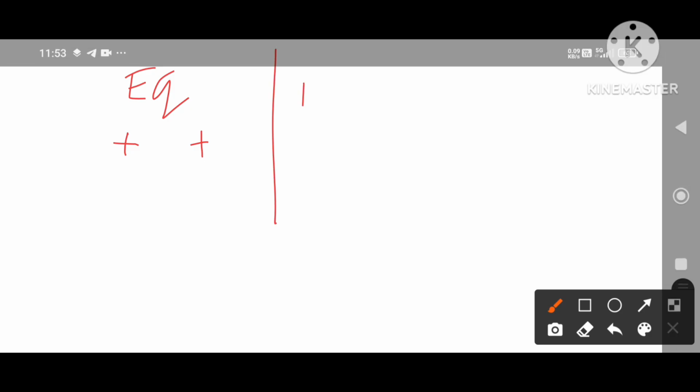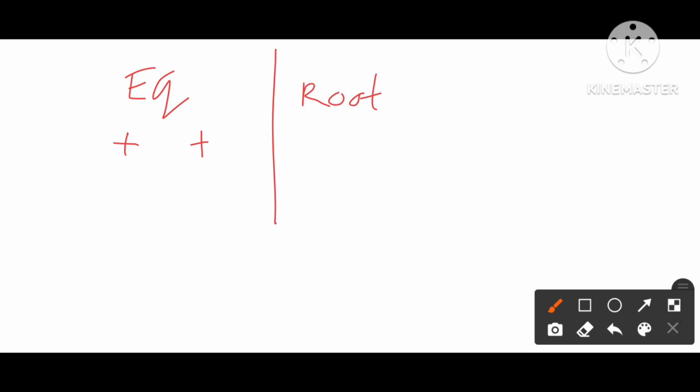So here, if we see the equation having plus and plus, then our roots will have the sign of negative and negative. If we see minus and plus in the equation, then the roots both will be positive.